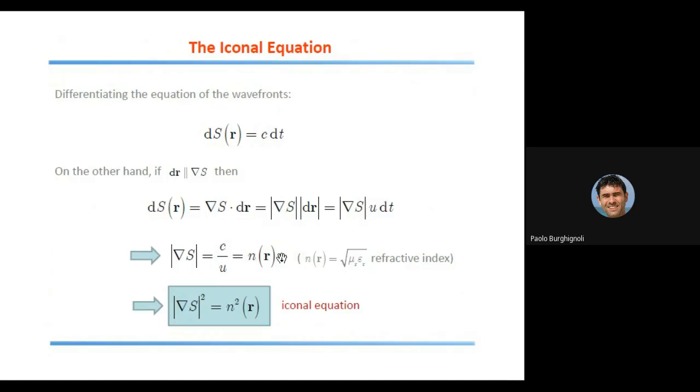And so if you square now, in order to get rid of the square root which is built inside the absolute value, then you obtain what is known as the Iconal equation, which is a partial differential equation whose unknown is the Iconal function S, whereas the right-hand side is by assumption known. So it's the distribution of the refractive index in your medium, which can now be thought of as a non-homogeneous medium, because this approach can be generalized to non-homogeneous media.